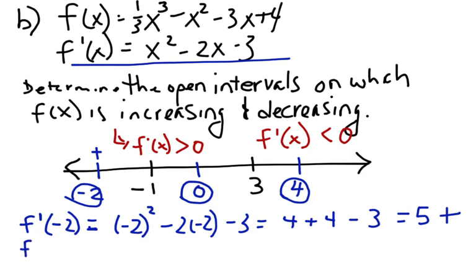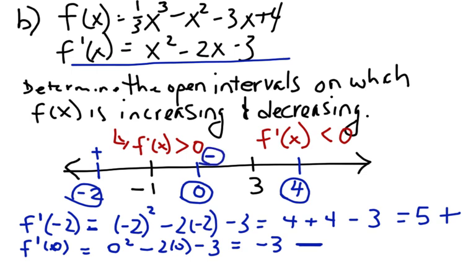Now I'm going to do f prime of 0. Okay, 0 squared minus 2 times 0 minus 3 is equal to -3, which again, I don't really care about the number itself, but only the sign. It's negative, that's what matters. So I have negative values for my first derivative between -1 and 3.